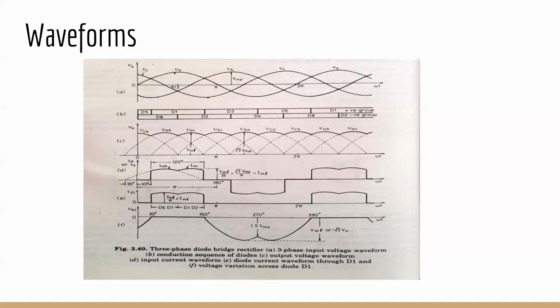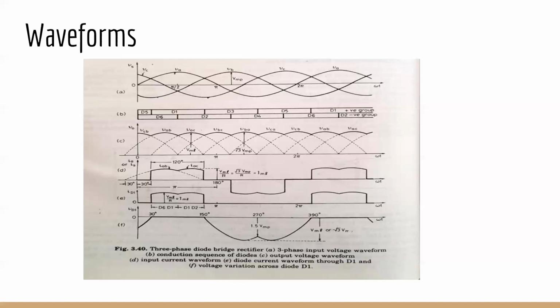Voltage VC is the most negative from omega t equals 90 degrees to 210 degrees. Therefore, negative group diode D2 connected to line C conducts during this interval. Similarly, diode D4 conducts from 210 degrees to 330 degrees and diode D6 from 330 degrees to 450 degrees, and so on.